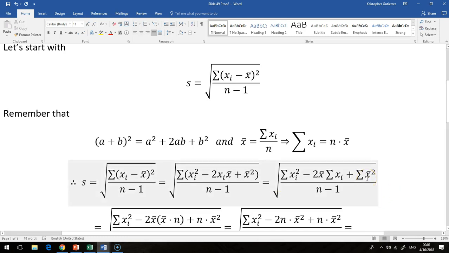Now, sum of x bar squared is equal to n times x bar squared, because we are still adding this up, even though it's just a plain number, over itself n times, because we have n items.